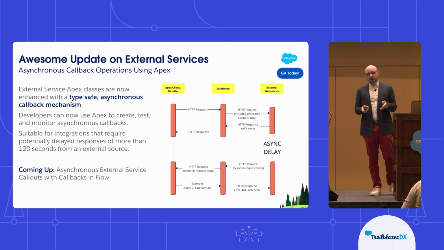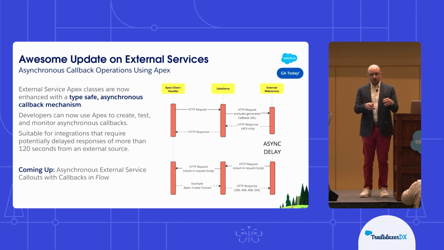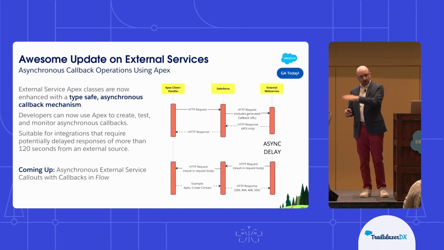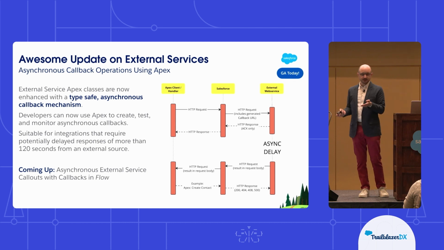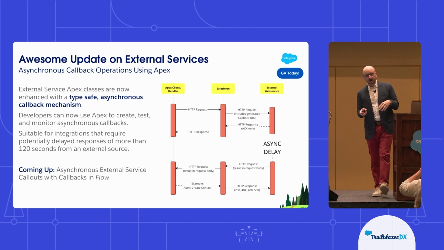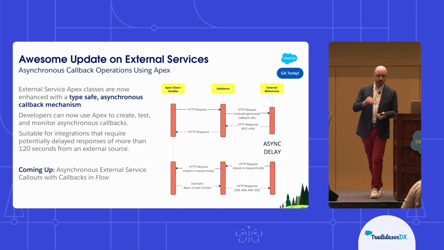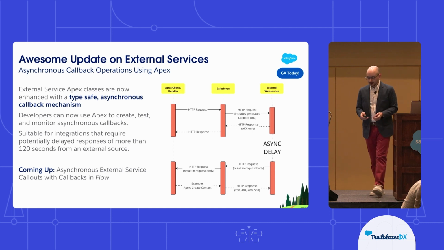Where this is going in the future is to enable this for Flow. So Flow will be able to start something, fire out, come back in, pick up the interview again, and resume its processing. Keep your eyes open for announcements from the Flow side. We're doing the underlying plumbing work ahead of time to get that to work, and we have an Apex starting point that you can use today.